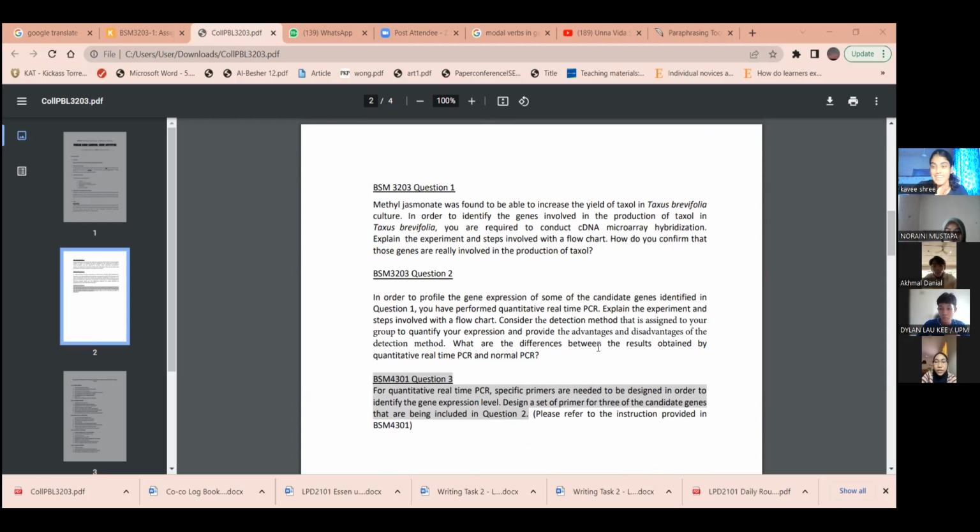I also agree with Ayu, because it will be less time consuming than if everybody is focused on one question. So we can segregate equally for each question. Since we have 8 members in a group, I think we can divide it like 2 for question 1 and 3 for question 2 and the other for question 3. Because I think question 1 is easier than question 2 and 3. So I think it's enough for 2 to do question 1.